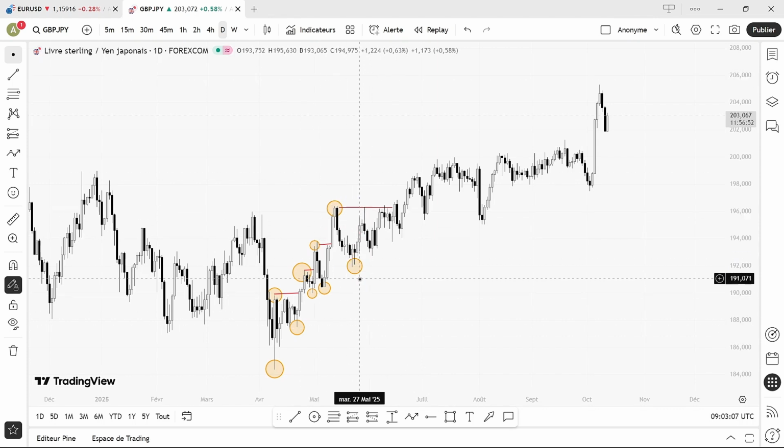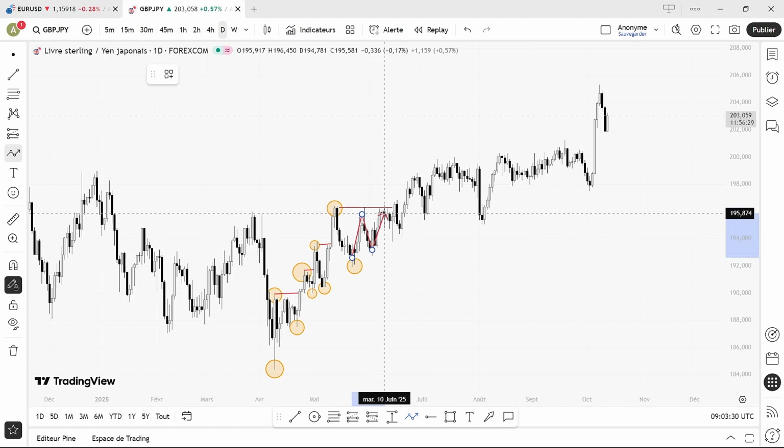From this higher high to this higher low, in order for us to spot a break of structure, price should break this higher high. All these structures inside are called minor structures or internal structures. I'm very sure you can spot them. They are right here.